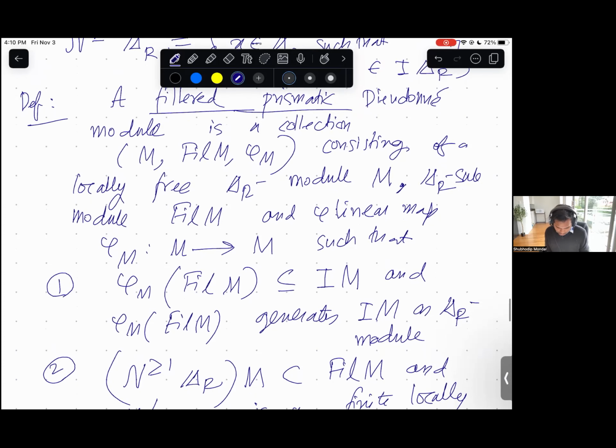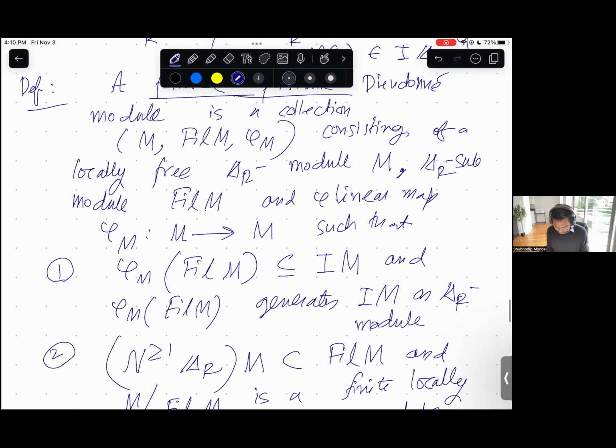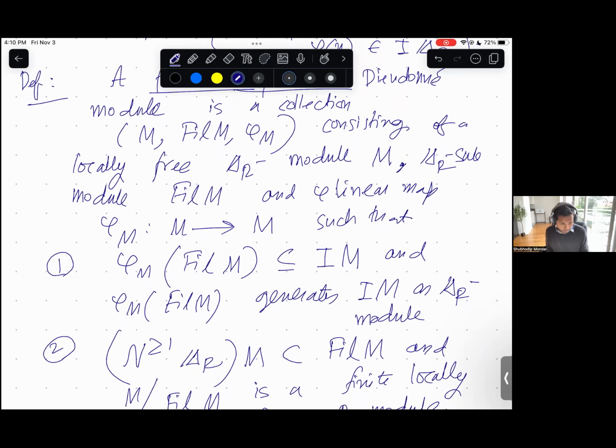But the one that I was describing here, which was in an earlier version of their paper, this filtered prismatic Dieudonne module, I think is more similar to the work of Lau, which uses this theory of windows, and there they have a filtration as well as a divided Frobenius.